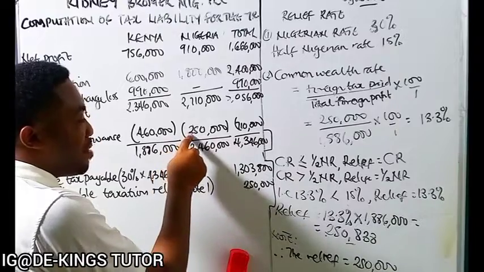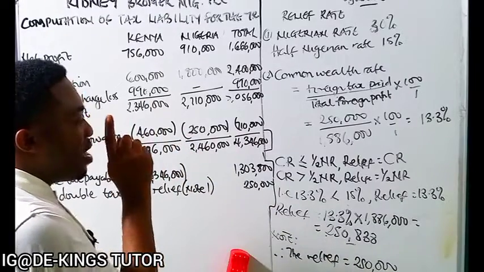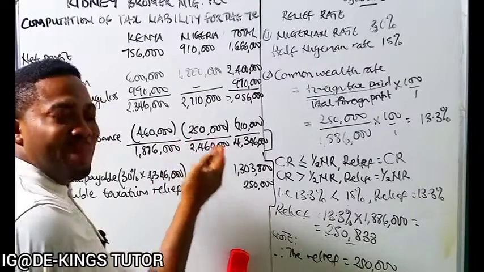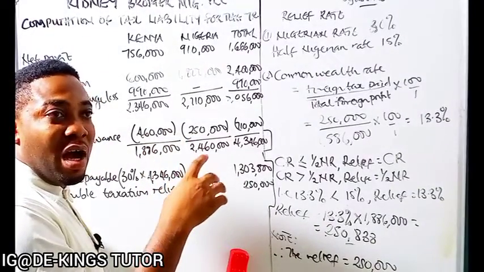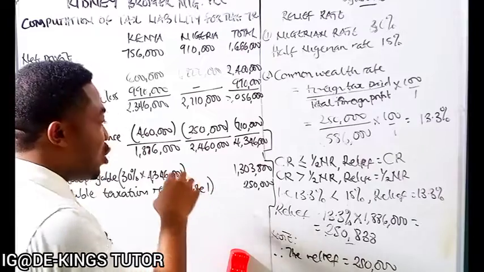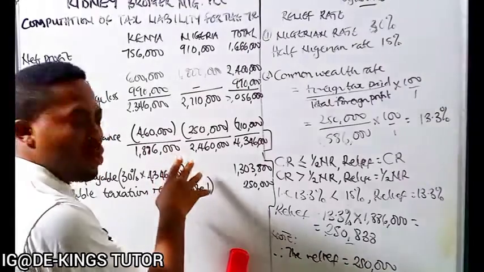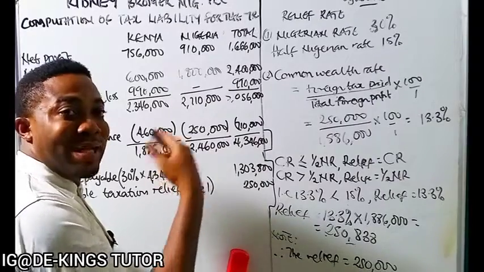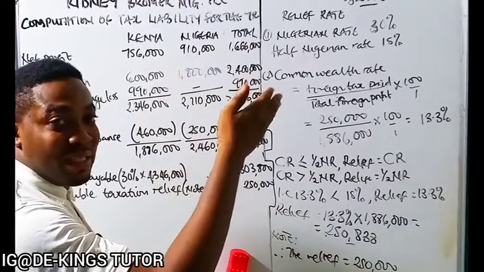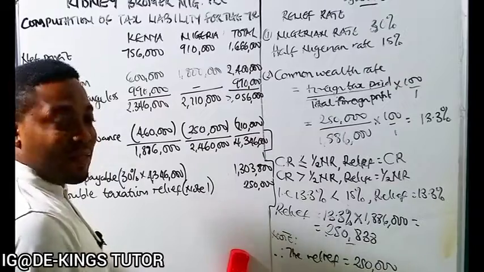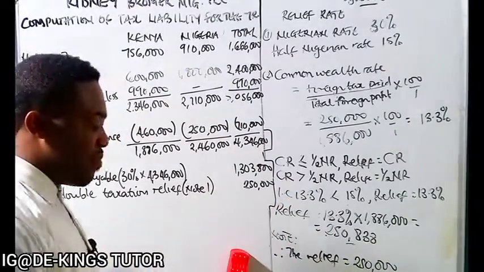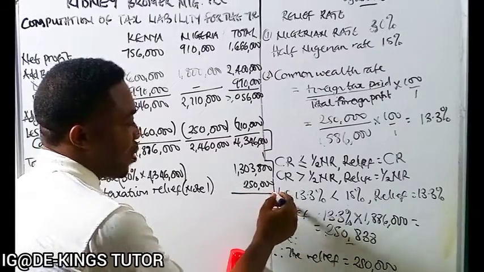He has already paid tax on it in Kenya, which is 250,000. So what we're saying is there should be a relief because they have a treaty, and that relief should not exceed the tax he has already paid. So they will not charge this 250,000 again because he has paid that.